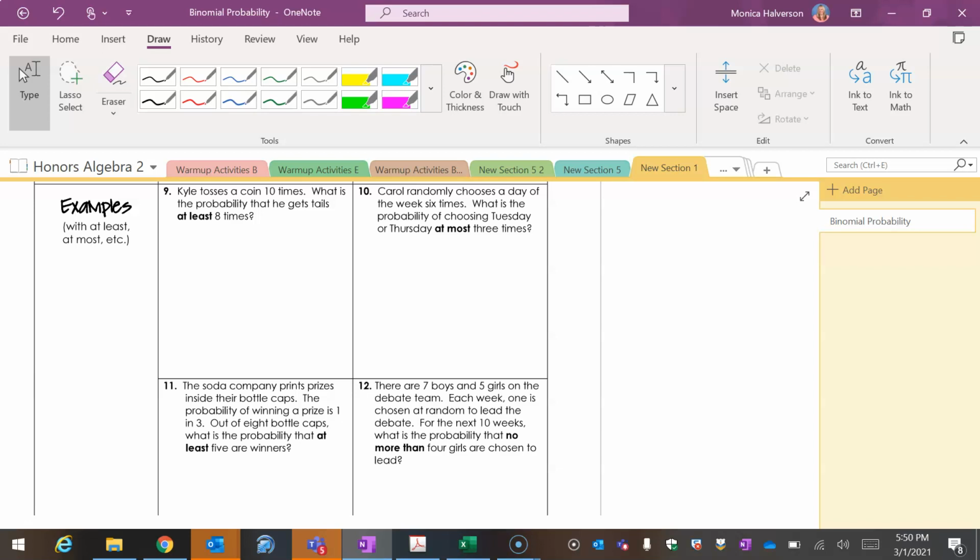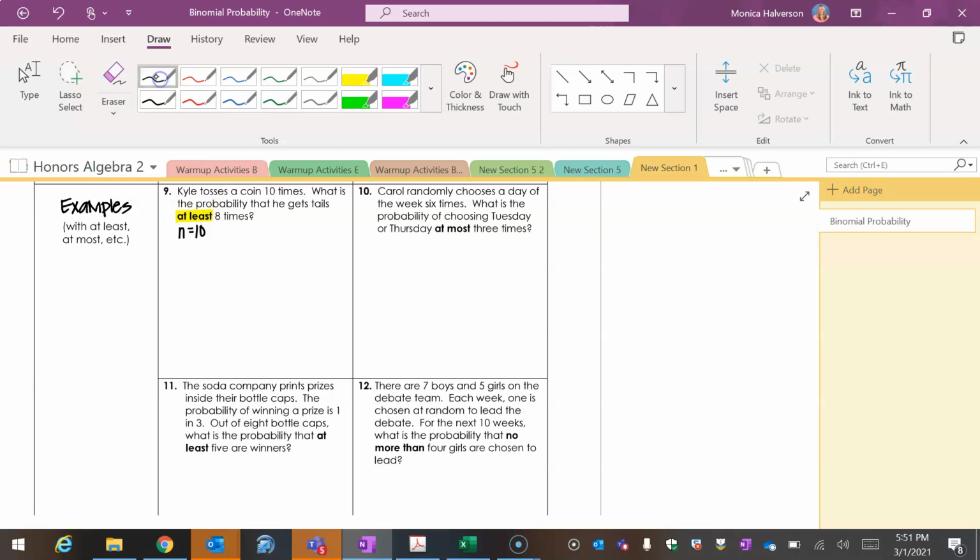Kyle tosses a coin 10 times, okay? So once again, the number of trials is 10. What is the probability that he gets tails at least 8 times? So in order to be successful, it says at least 8 times.